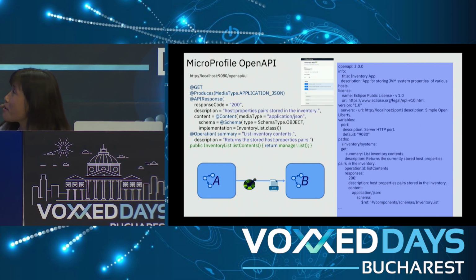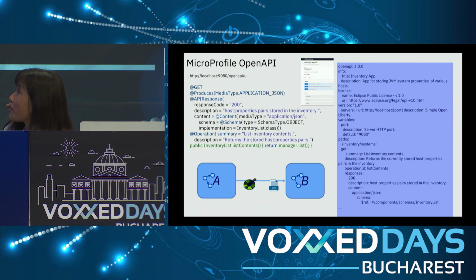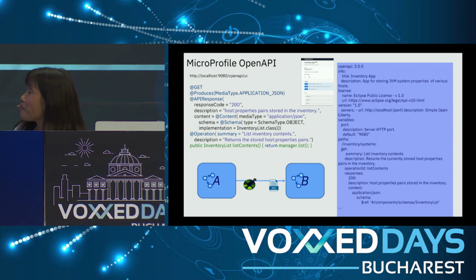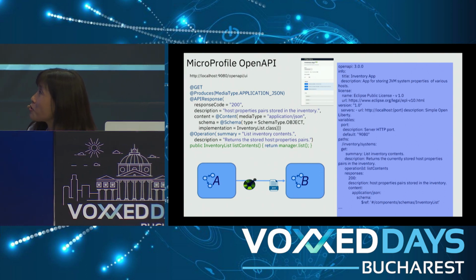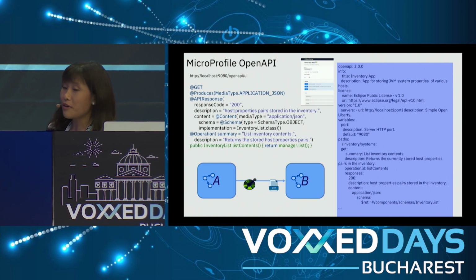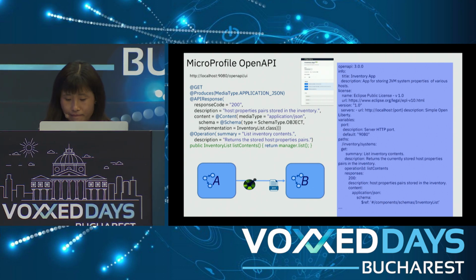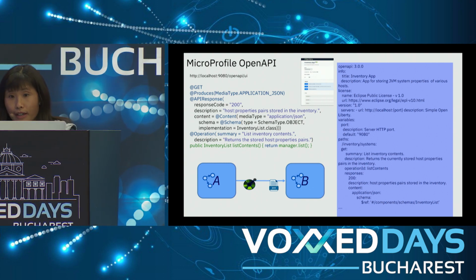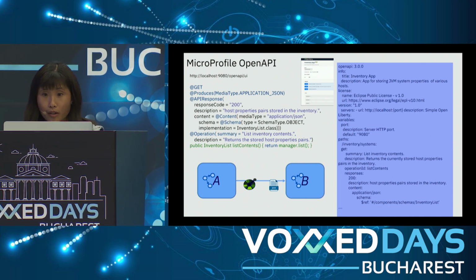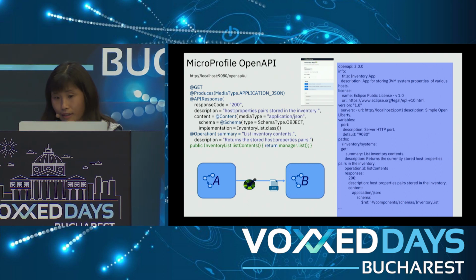And in Open Liberty, we have a value-added extra service. If you go to /openapi/ui, you can see this very nicely displayed UI version, and then you can directly invoke it. Okay, so this is OpenAPI.